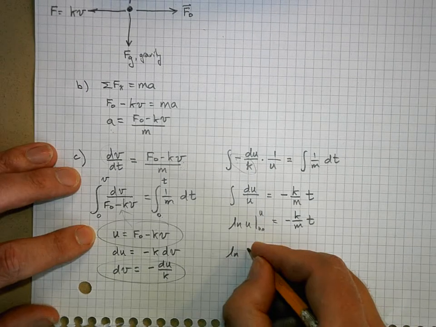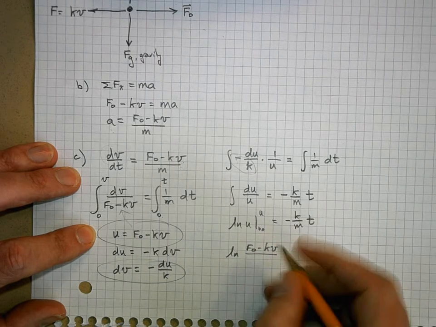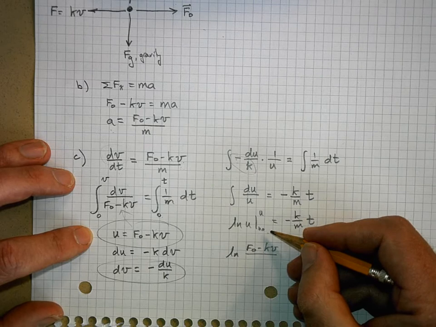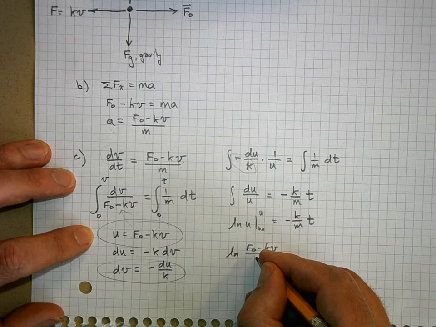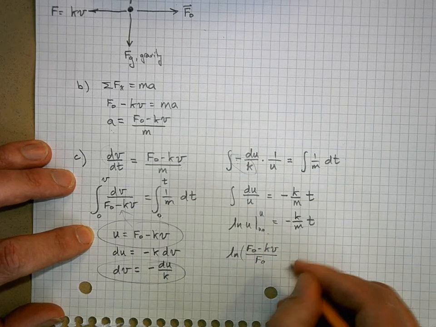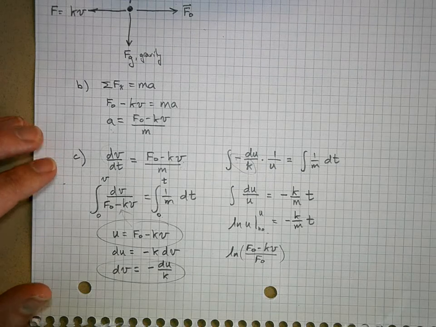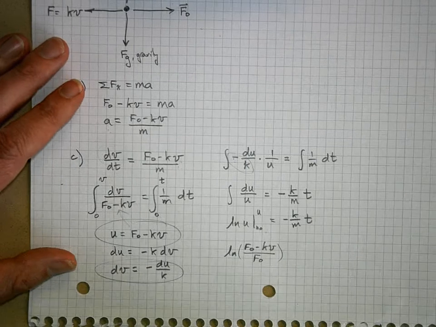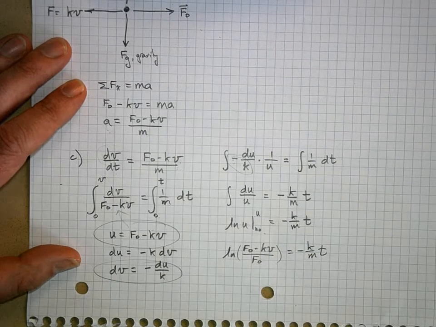Now u is f naught minus kv. And u sub 0, well, that's u when time t equals 0, right? And what's the velocity when t equals 0? It was 0, so this is just going to be over f naught. Right? Did I do that right? My calculus is probably not as sharp as some of yours because many of you do it more often than I do. This is negative k over m times t.